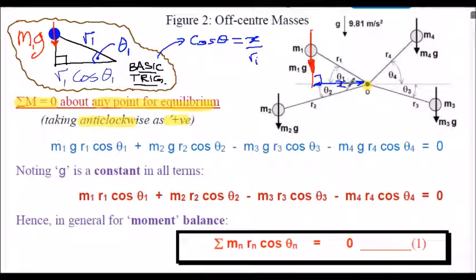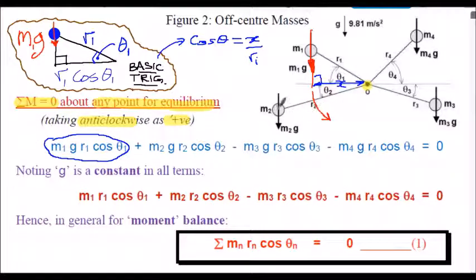The x value would be that line across there. Multiplying my force, m1g, by x, which is r cos theta, I get this first term in our series. It's positive because the effect of that moment about the origin is in an anti-clockwise sense. I said anti-clockwise is positive.